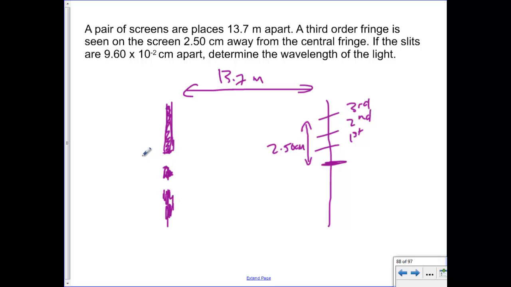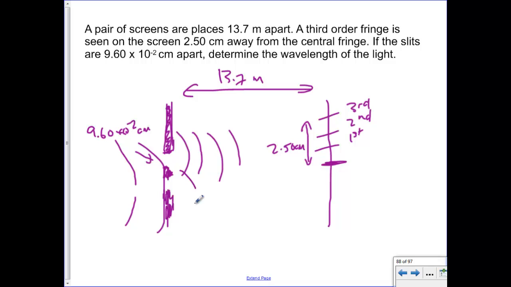So then the holes in this diagram here are 9.60 times 10 to the minus 2 centimeters apart. So our goal now is actually to solve for wavelength. So you want to figure out what wavelength of light we would have needed if we were drawing wavelengths here. What would this wavelength need to be to produce that? Does that make sense?